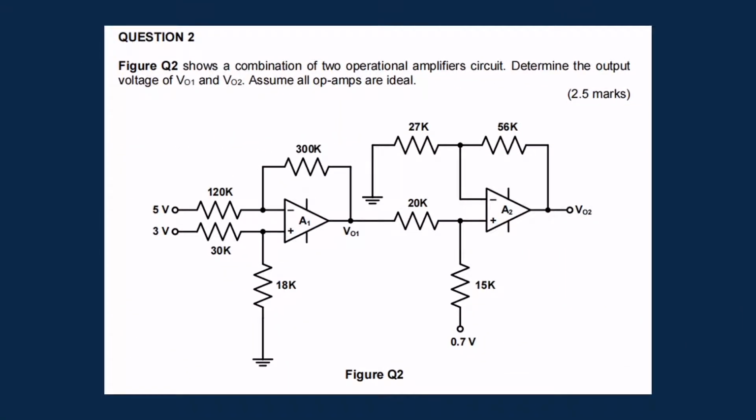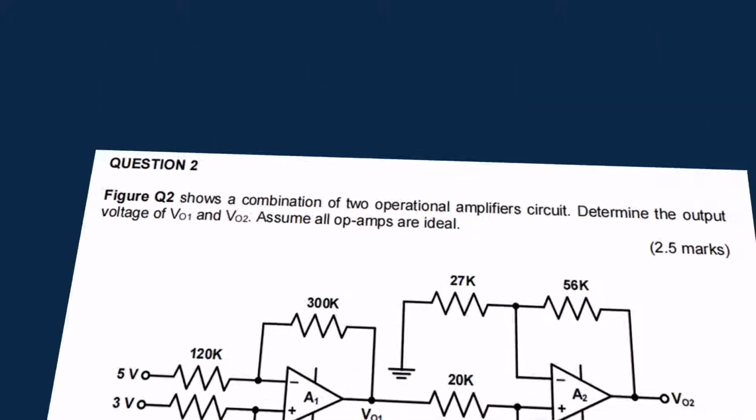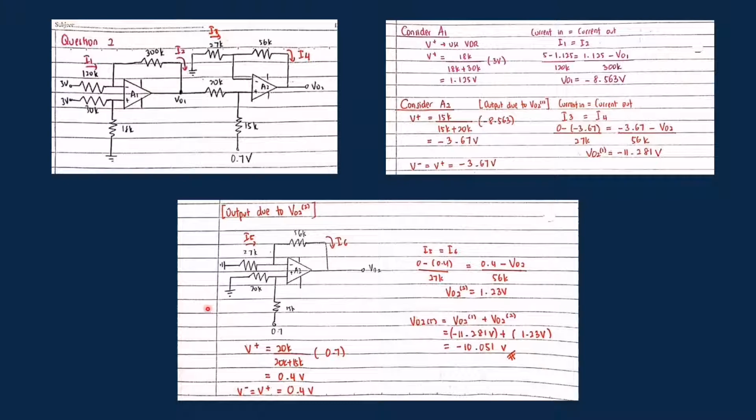Alright, so this is question 2, which is the combination of two operational amplifier circuits, and I have to determine the V node 1 here and V node 2 here. Let's go to the calculation. Alright, this is the answer of question 2. So first of all, I consider A1.